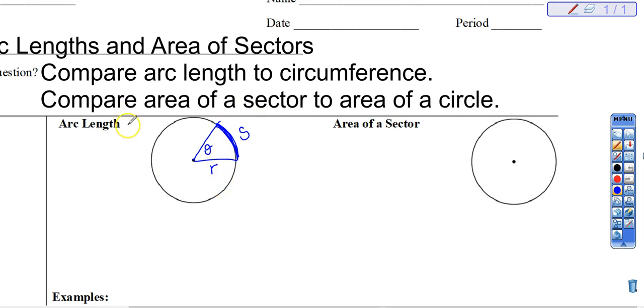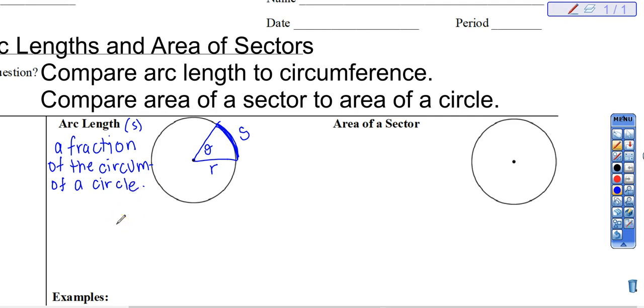Okay, so arc length, or s, intuitively, if you think about it, is just a fraction, or a portion, if you'd rather, of the circumference of a circle.